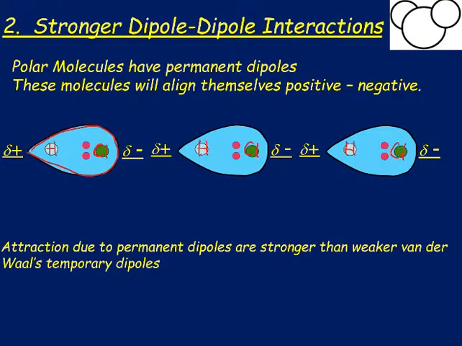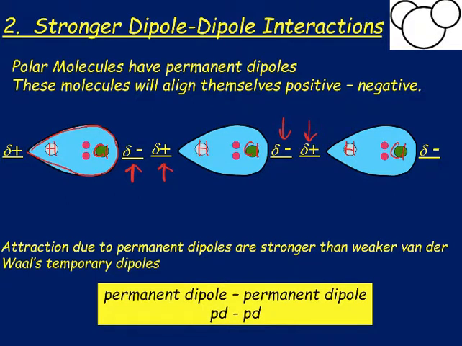Okay, so what happens is that this negative terminal here is going to be attracted to this positive terminal. This negative, little delta negative, is going to be attracted to this delta positive, and that just continues on for the whole solution or gas or whatever it is of our solid hydrogen chloride. So they're all going to be attracted to each other.